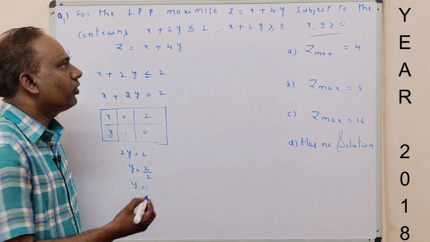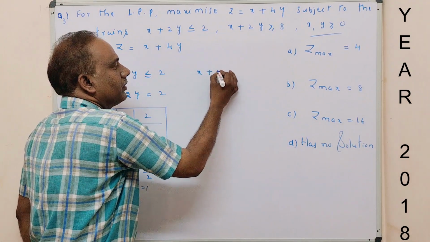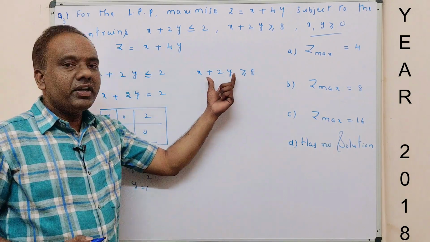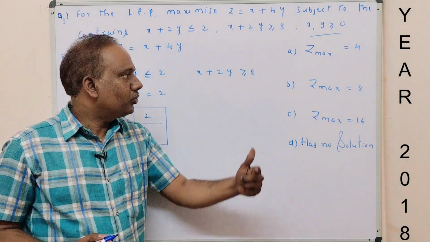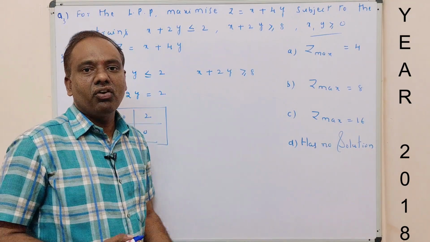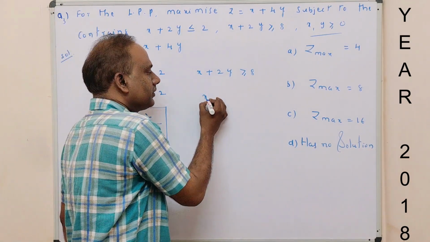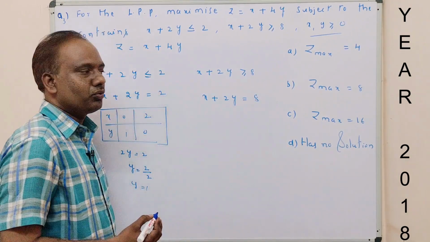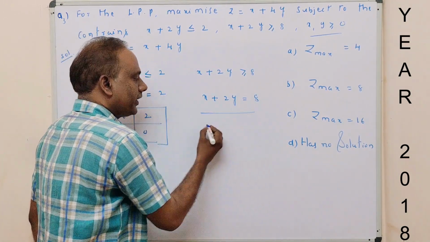Now the second inequality, x plus 2y greater than or equal to 8. First of all, for the inequality, you can equate it to an equality. That means x plus 2y is equal to 8. Here also, same.